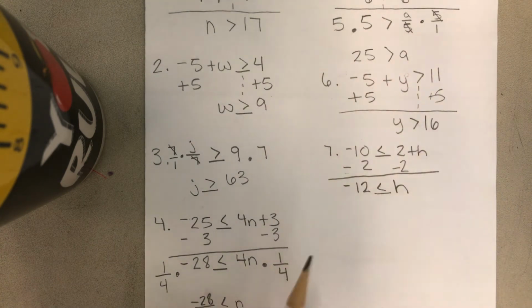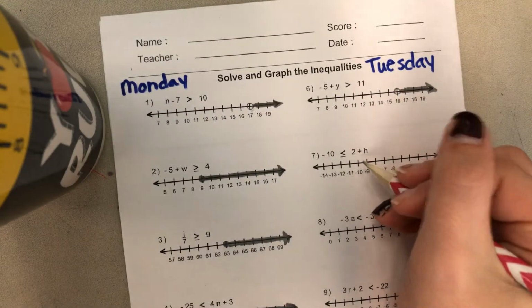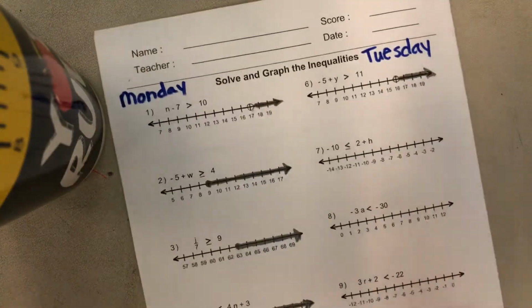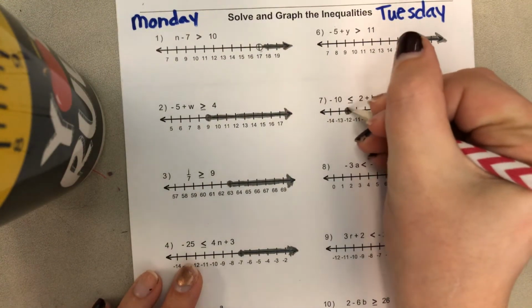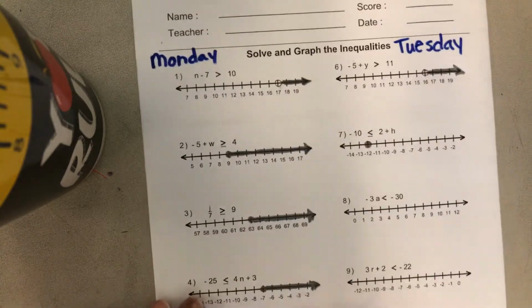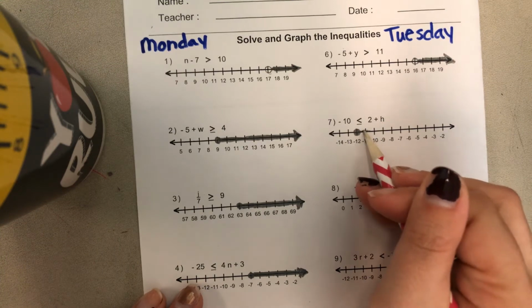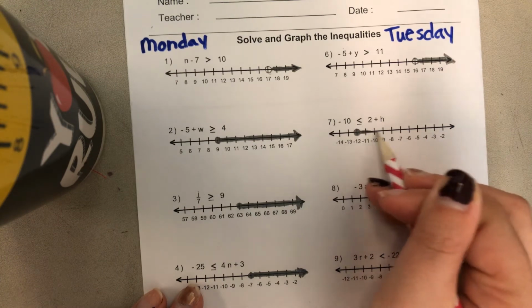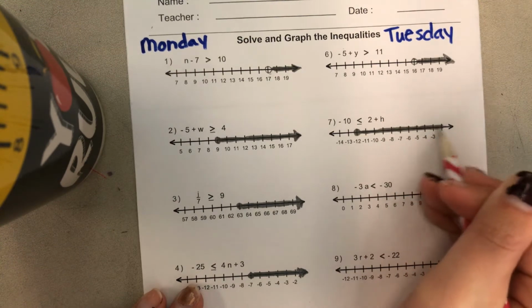Equal to meaning a closed circle. -12, closed circle, and then h has to be something that's greater than that. So -11 is greater, so it's going towards the right. All numbers that are greater.